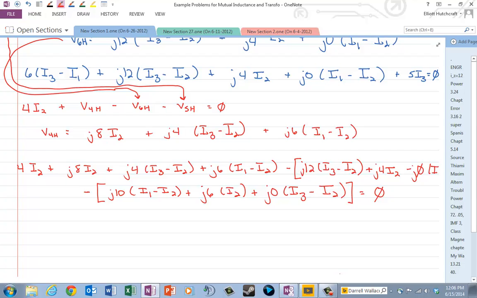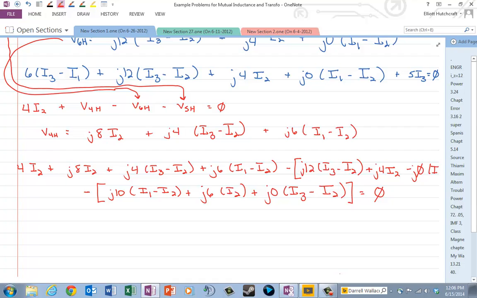So I really advocate using mesh analysis for a lot of these mutual inductance problems, labeling the voltages such that the plus is with the dot, so you're sort of satisfying the dot convention, and then using the mesh analysis to make sure the currents, for the self or mutual terms are going into the dot or into the plus, so that we satisfy the dot convention and the passive sign convention for the mutual terms and the self terms.